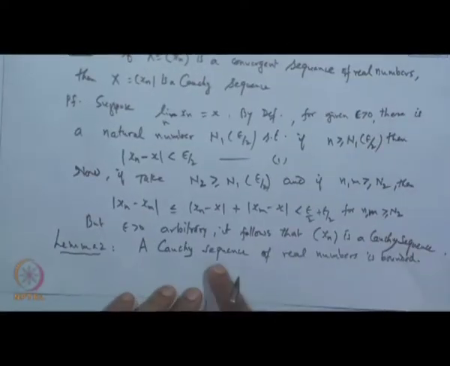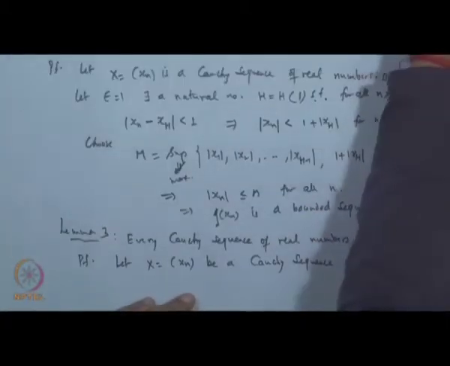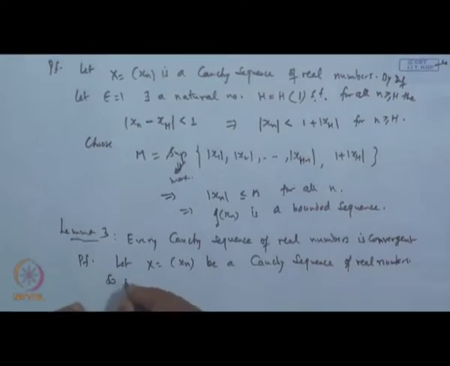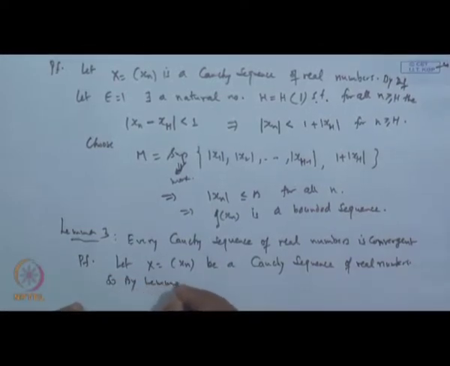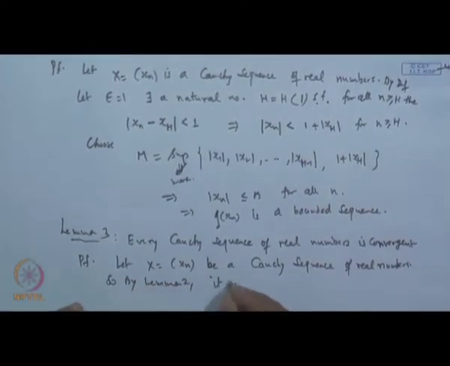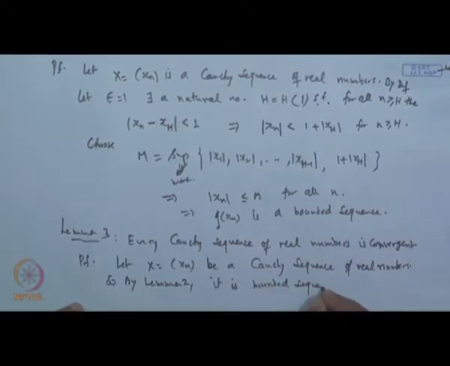If you see, every Cauchy sequence of real numbers is bounded. So, by lemma 2, it is a bounded sequence of real numbers.